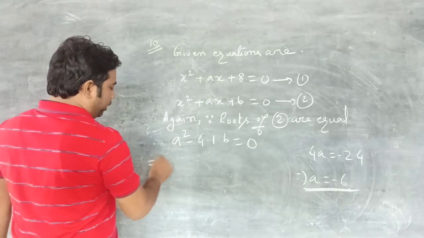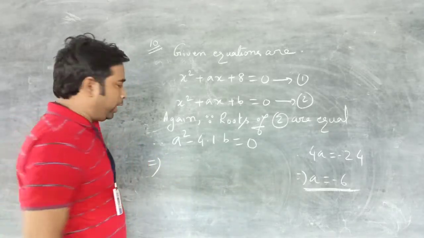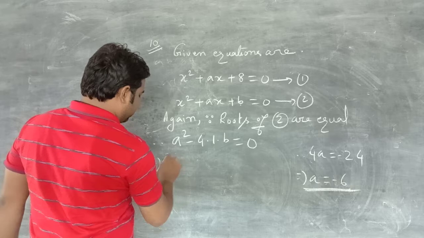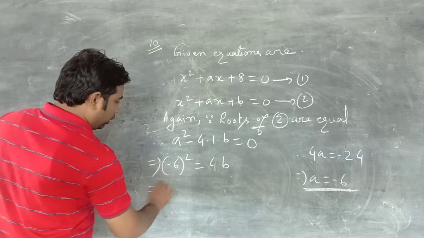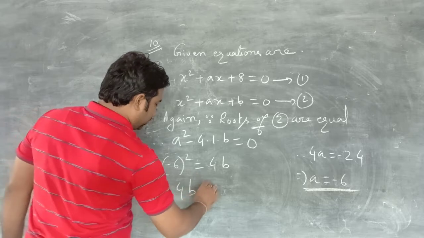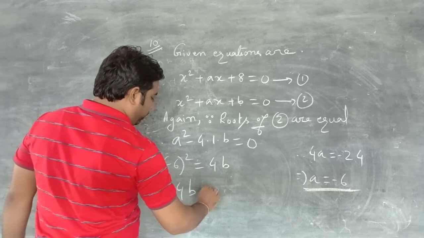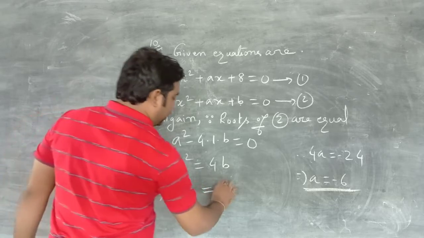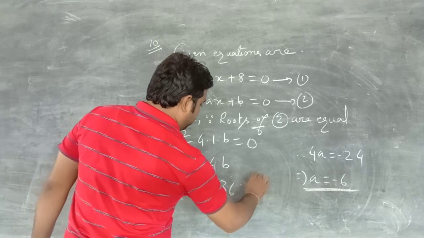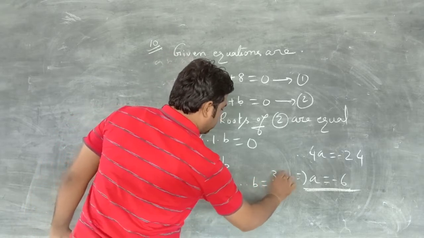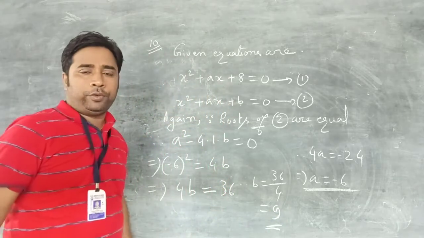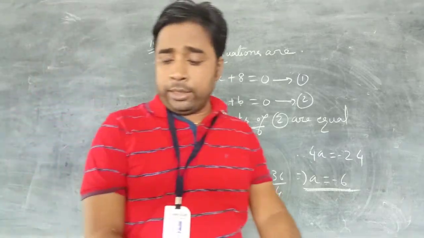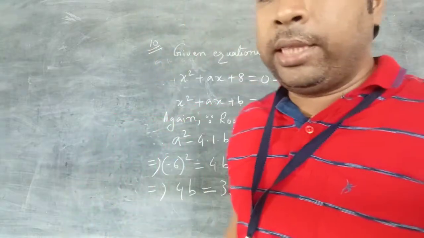Put the value of a, because already you have found the value of a. How much is it? Minus 6 whole square equal to 4b. So 4b equal to minus 6 whole square, which is 36. So what is the value of b? 36 by 4, that is equal to 9. So we have obtained the value of b, that is equal to 9.